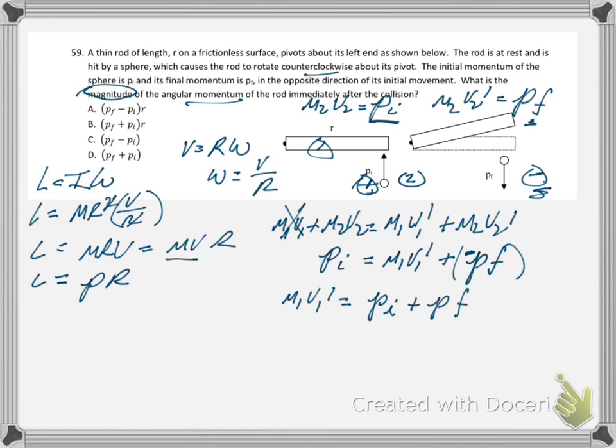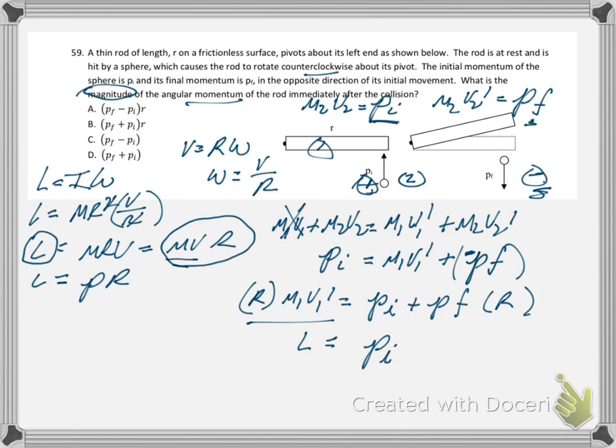And if we go back to this equation, we can say angular momentum equals mvr, so we can multiply both sides times r, and this is going to be equal to angular momentum, and the right side is the sum of the momenta times r. So that will give us choice B.